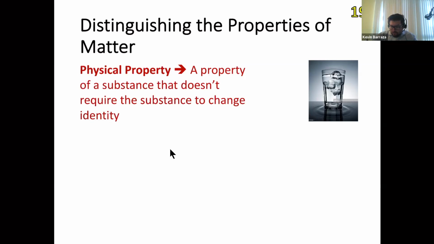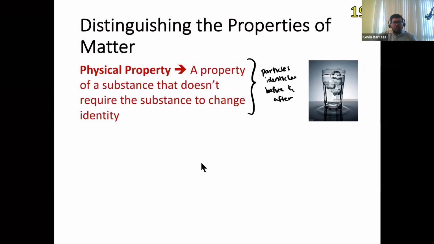So what I'd like to do is emphasize that. So this is particles identical before and after.